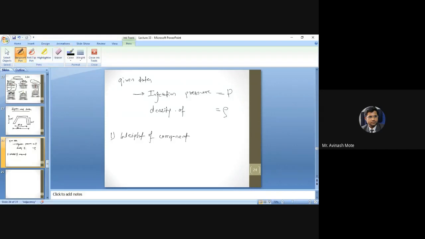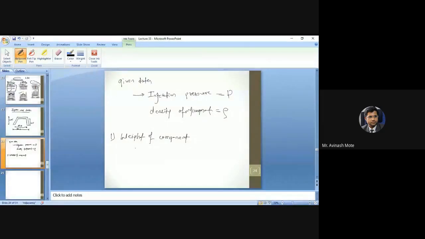This density is given in kg per meter cube. If you multiply it with the volume, you will get the weight, because meter cube will be cancelled and you will get the weight in kg. So simply you need the volume of the product and the density of the product.